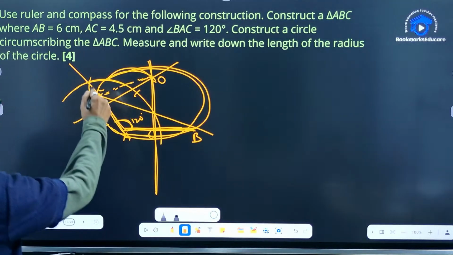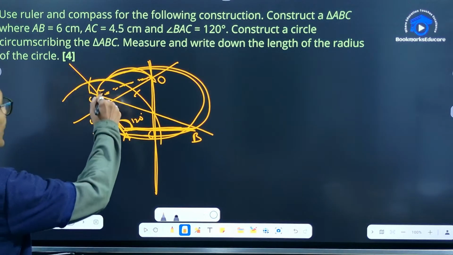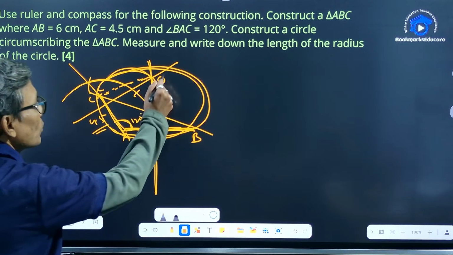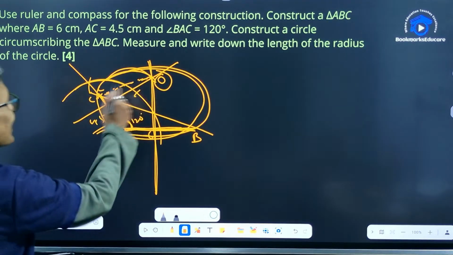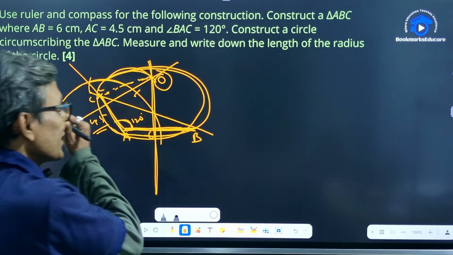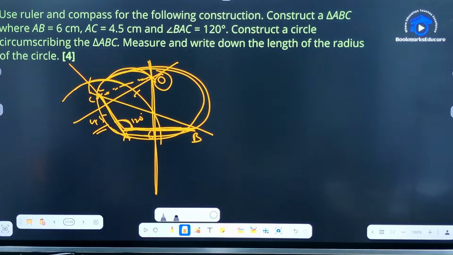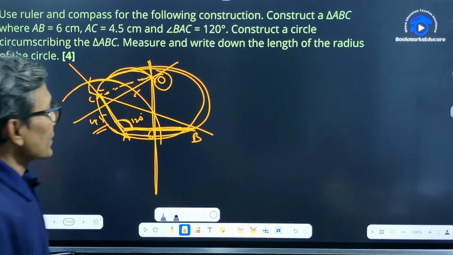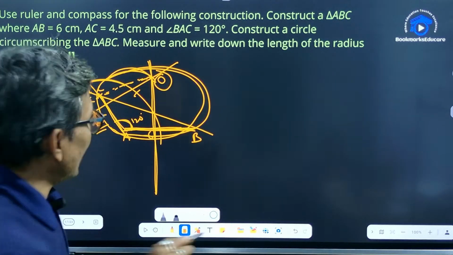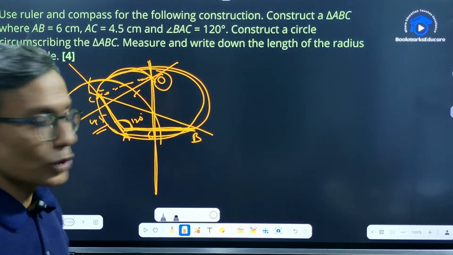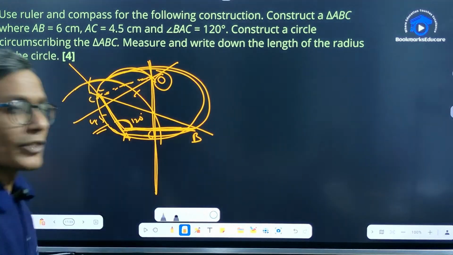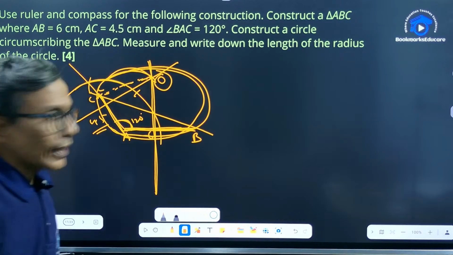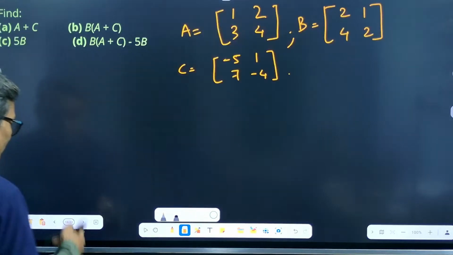After that I have drawn the perpendicular bisector of line AC, and the two perpendicular bisectors meet at the point O. Now joining O and C, taking O as center and OC as radius, if we draw a circle, then the circle must pass through the 3 points of the triangle, and that is the circumcircle of triangle ABC.